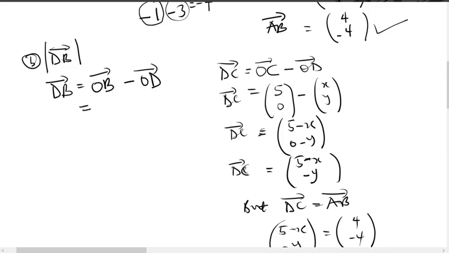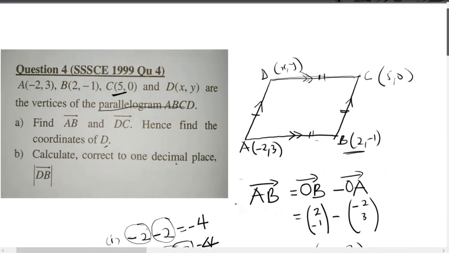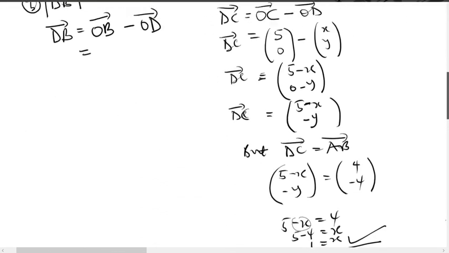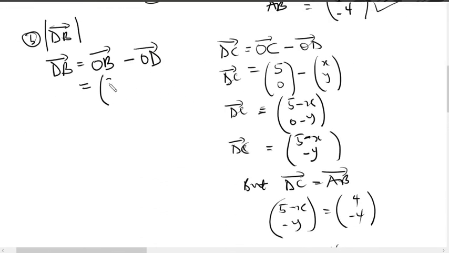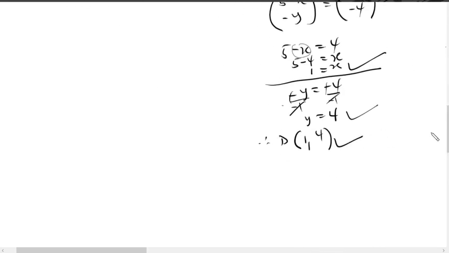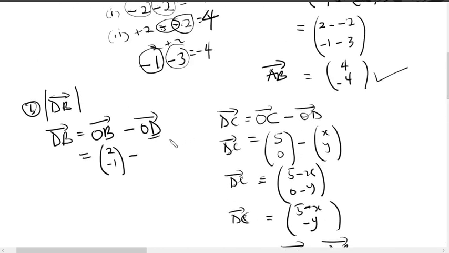Now what is B? B, or vector OB, is (2, -1). And D, or vector OD, we found right down here. That is (1, 4). All right, so we have 2 minus 1, and that is 1. And we have -1 minus 4. That should be -5. So vector DB is (1, -5).